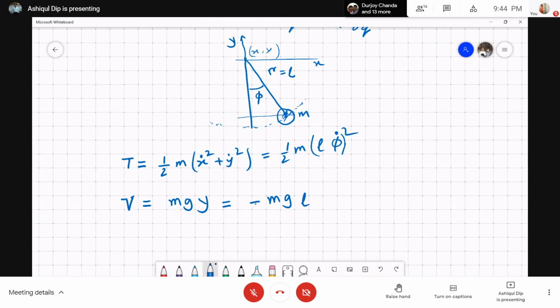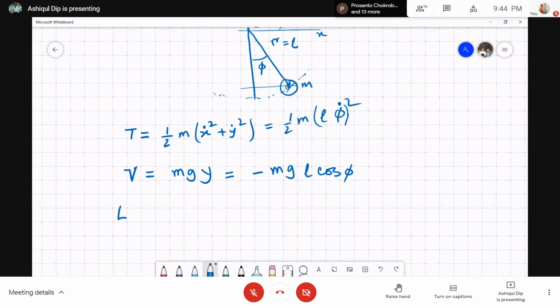You can do anything, it's a valid potential energy. Y was negative L cosine phi, right? So that's what we get. Now our Lagrangian would be T minus V, that is half m L squared phi dot squared, plus mgL cosine phi.